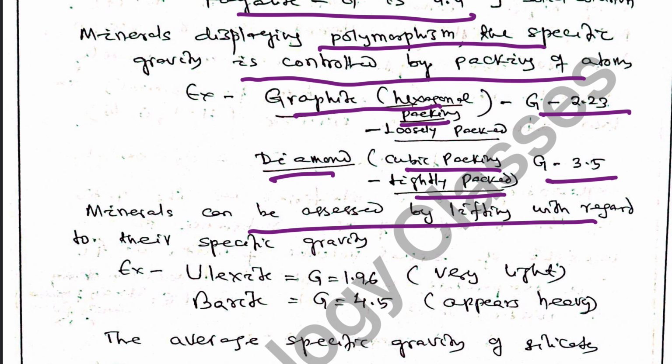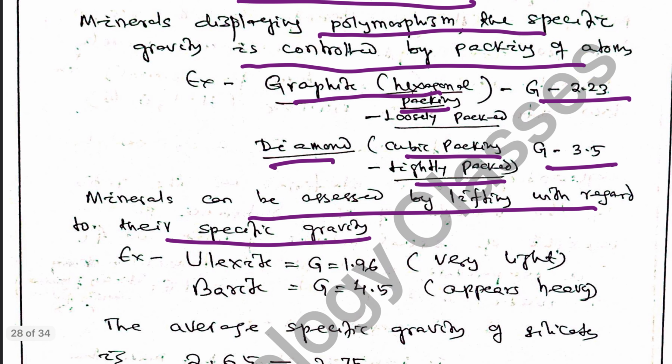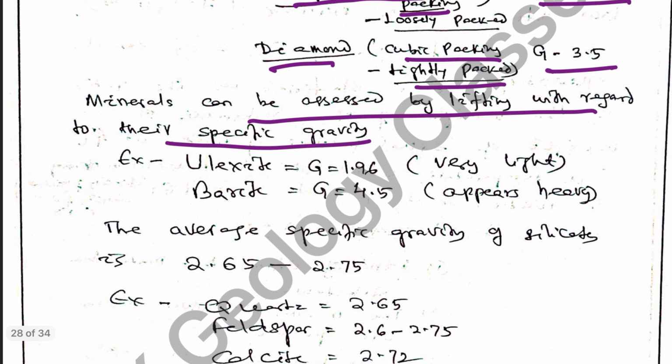Minerals can be assessed by lifting them in hand with regard to their specific gravity. When we lift the mineral, we can sense through our senses which mineral is heavy and which is light. As I have already discussed, quartz and barite: quartz is very light, barite 4.5 appears very heavy.